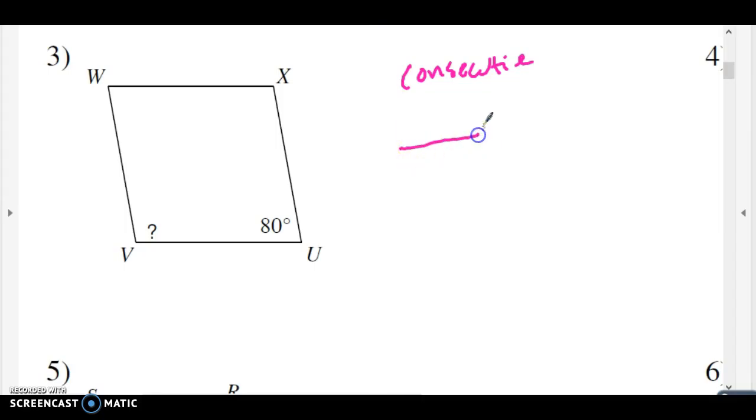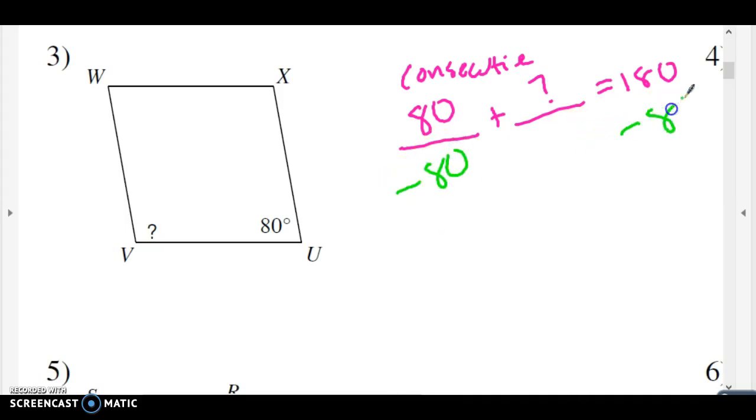The formula we just said was blank plus blank equals 180. We fill in our blank as 80 plus question mark equals 180. Therefore, it's very easy to get. We subtract 80, question mark equals 100. Pretty easy there.